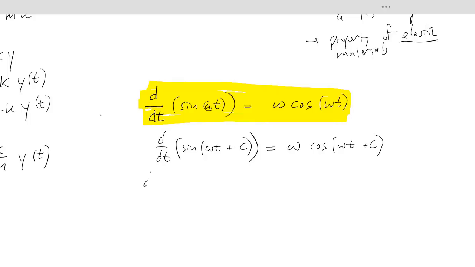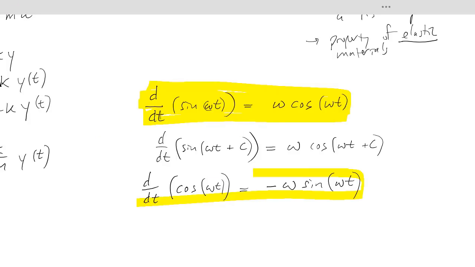Similarly, I can say that the derivative of cosine of omega t, all these parentheses can get kind of confusing, is minus omega sine of omega t. And here is our rule, just like our power rule for polynomials. This is our rule for taking the derivative of a trig function.